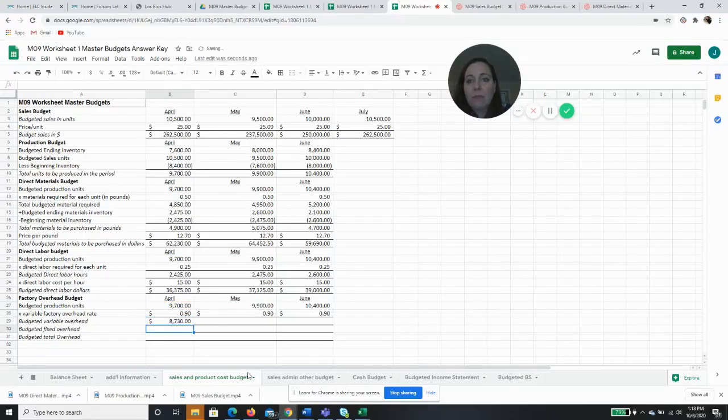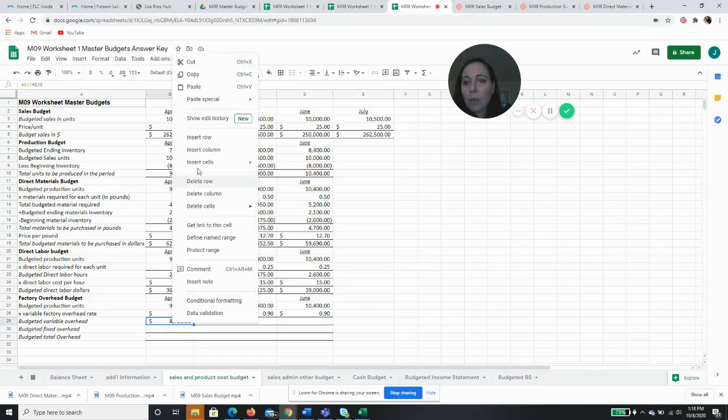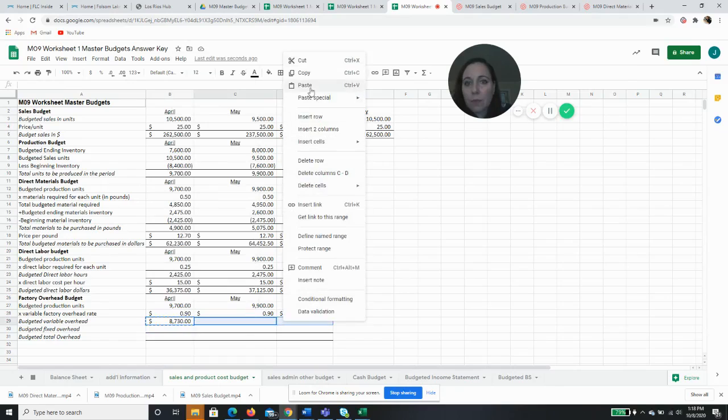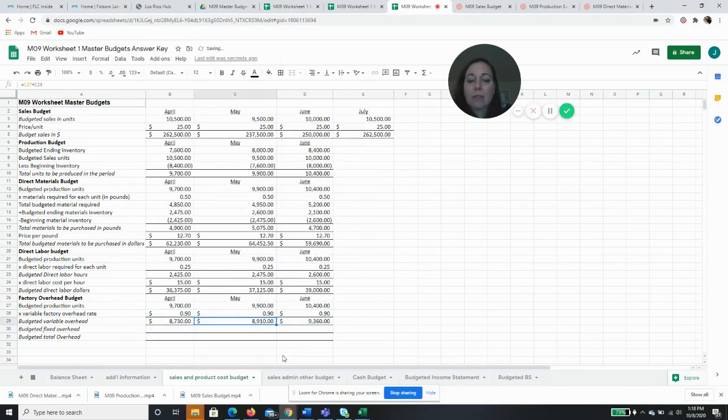We're going to spend $8,730 in variable overhead costs in April. We copy our formula over. Then we know we'll spend $8,910 in May and $9,360 in June.